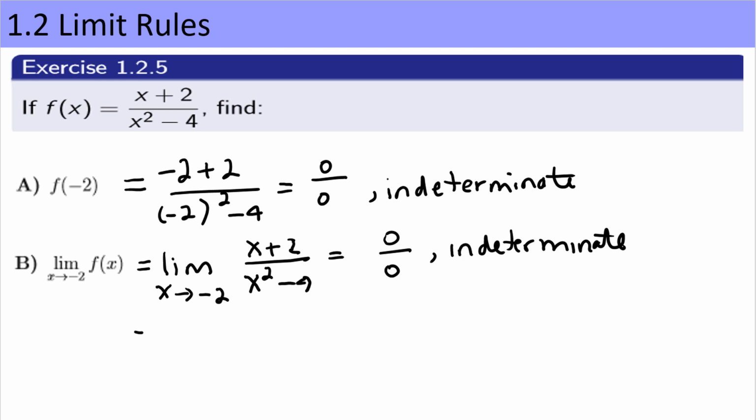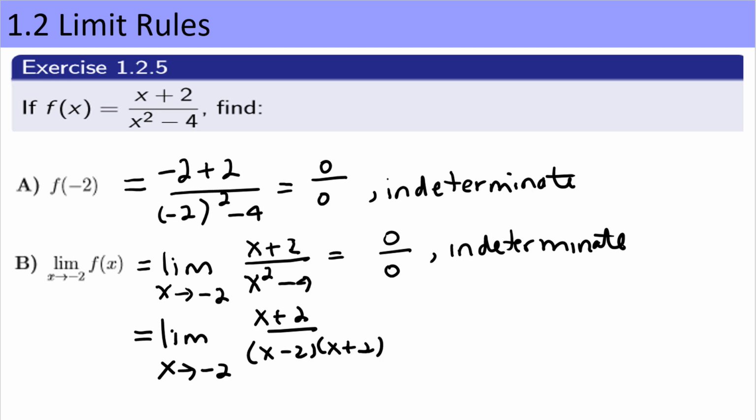So let's continue with this, and I'll have the limit as x approaches negative 2 of x plus 2 divided by x minus 2 times x plus 2. The common factor of x plus 2 in the numerator and in the denominator will cancel. So now we'll take the limit as x approaches negative 2 of 1 over x minus 2.